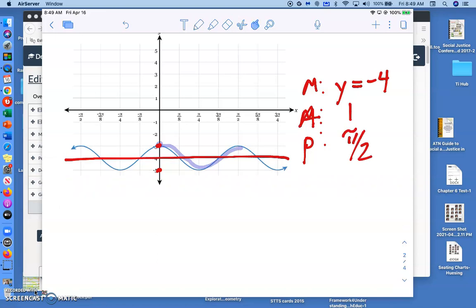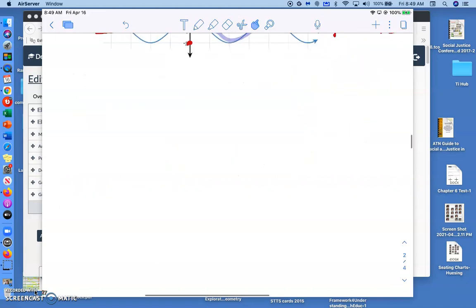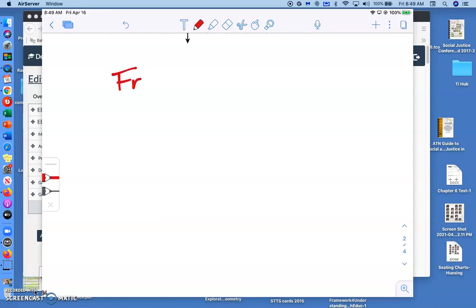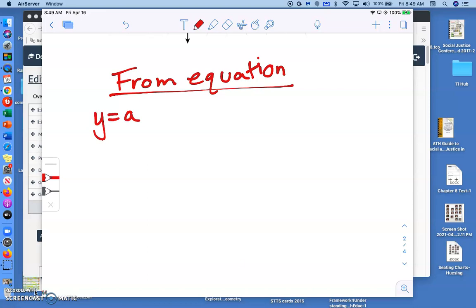So yesterday, you guys started looking at the difference between what you looked at a general equation. From an equation, you guys looked at y equals a, the sine of bx, and y equals a, the cosine of bx.